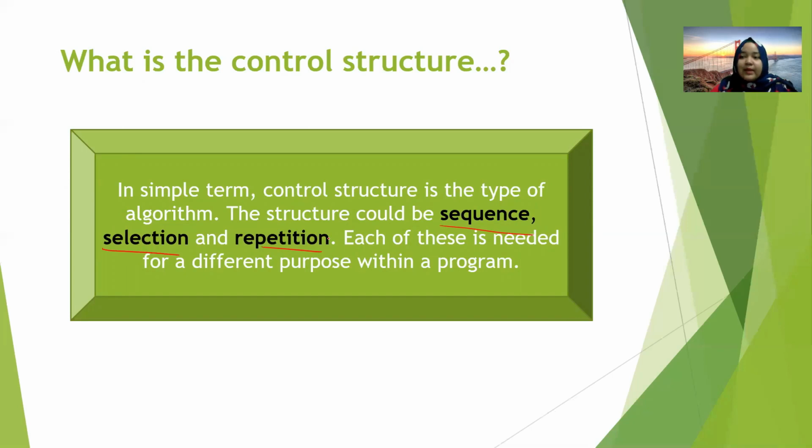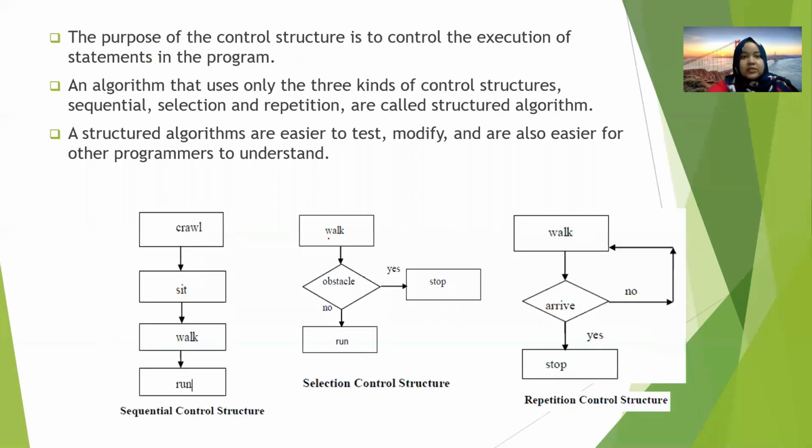The purpose of the control structure is to control the execution of the statements in the program. So kita nak design dia mengikut problem tu lah. Problem tu sesuai gunakan sequence ke, selection ke, repetition. Lagi naik level chapter awak, lagi awak kena tahu.